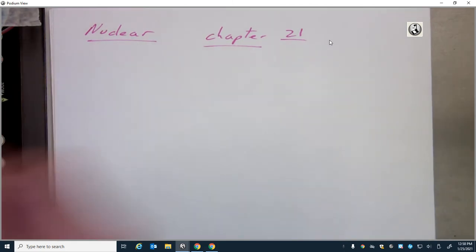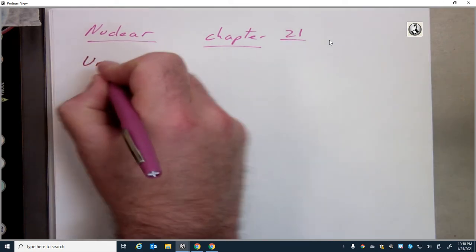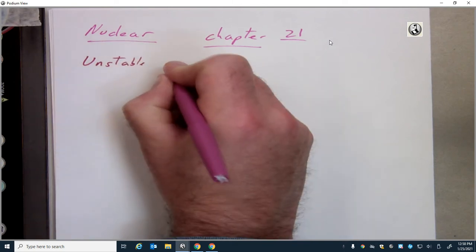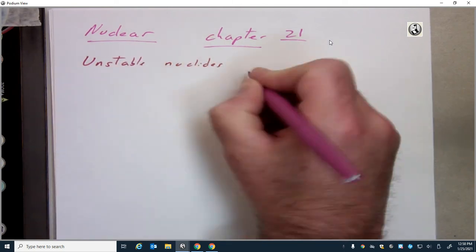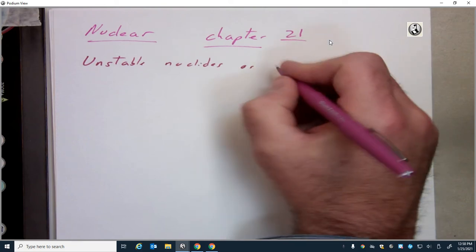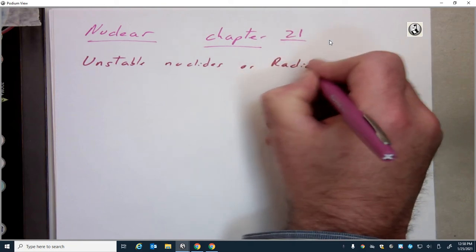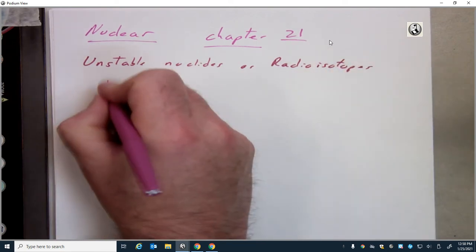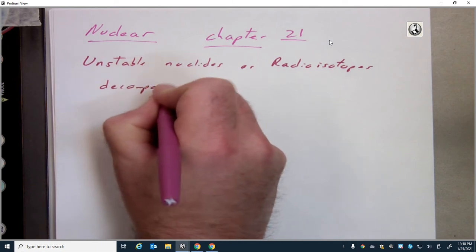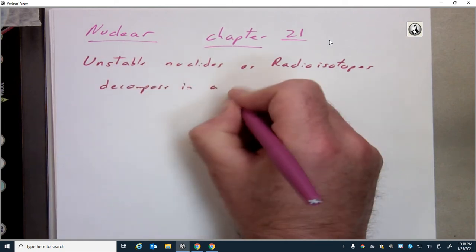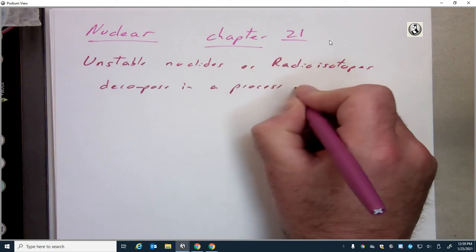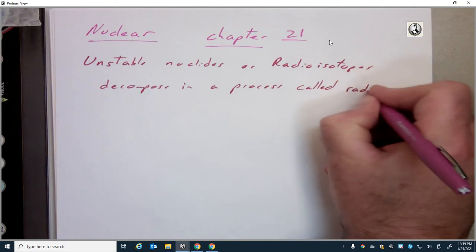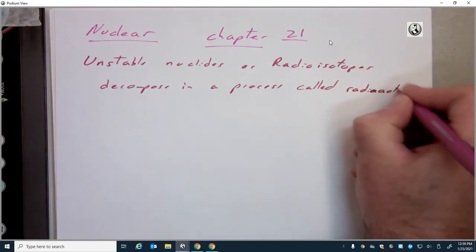So nuclear. This is when we have unstable nuclides, also called radioisotopes, that decompose in a process called radioactivity.